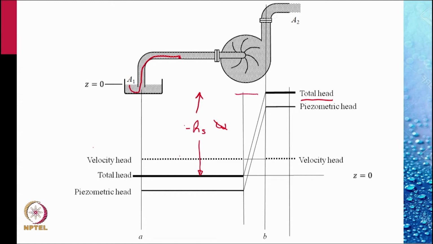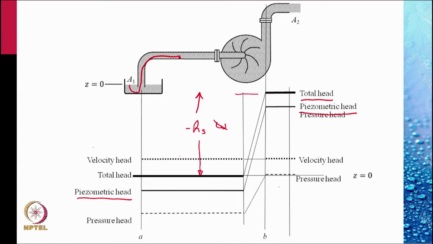So piezometric head is a line which is below the total head line by an amount equal to the velocity head there. And this line then represents the piezometric head. We have negative piezometric head through the inlet pipe and the positive piezometric head at the outlet pipe.